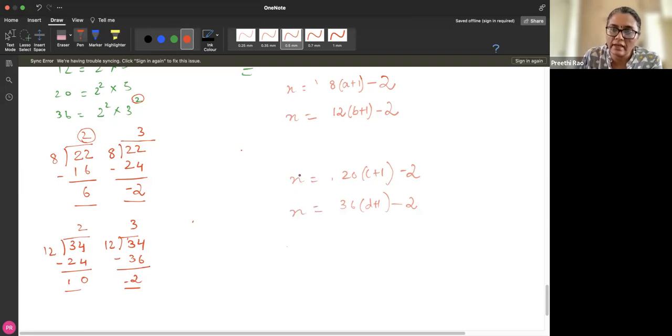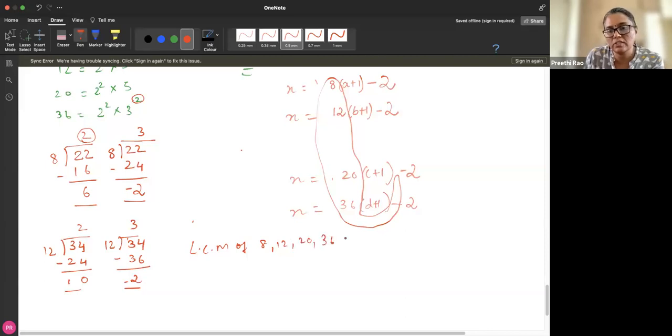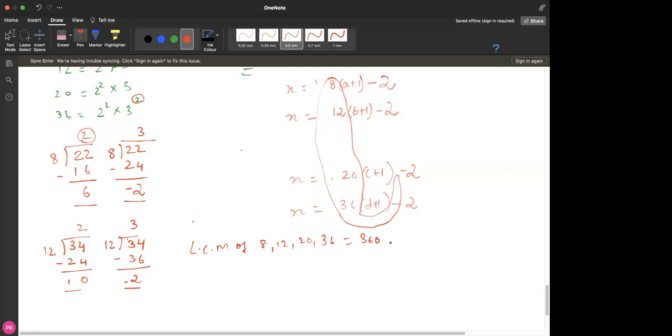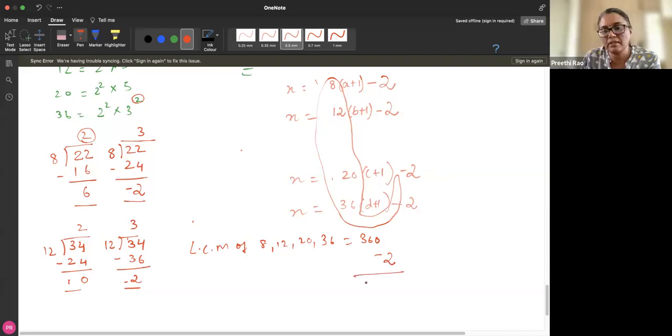So can I say x should be a common multiple of 8, 12, 20, 36? Yes, I find the LCM of 8, 12, 20, 36, which is 360. And also we have to take 2 to the other side. So x plus 2 is that, and then I subtract the 2.